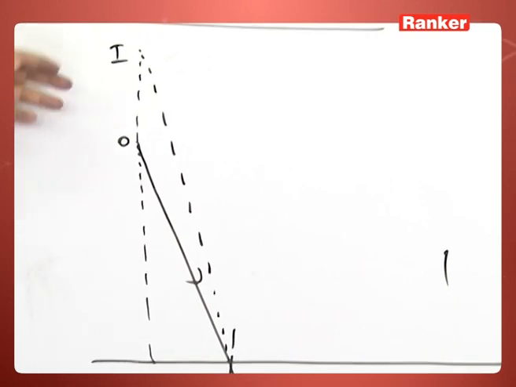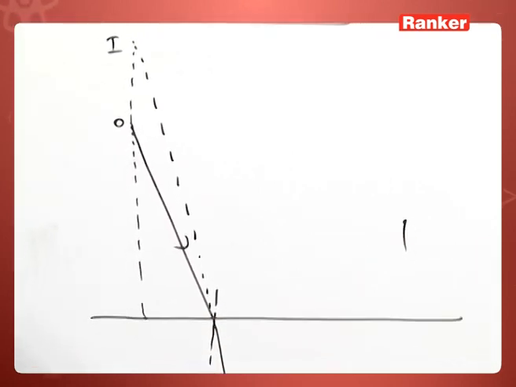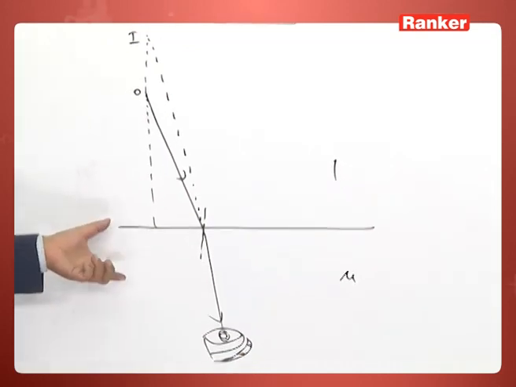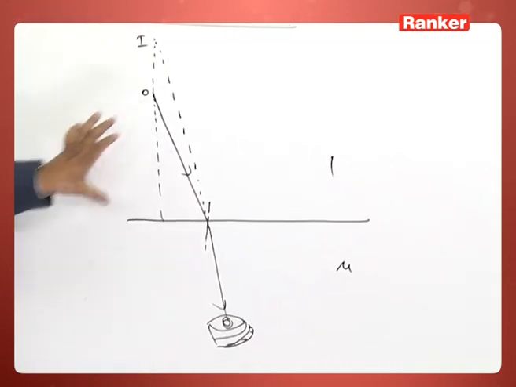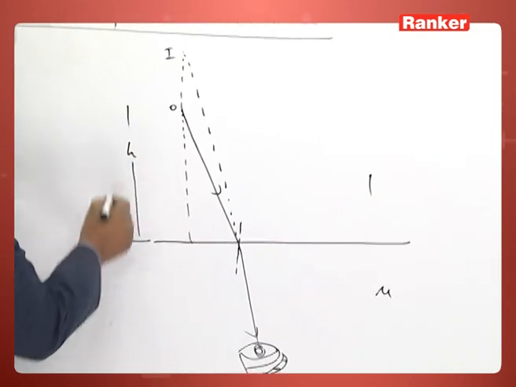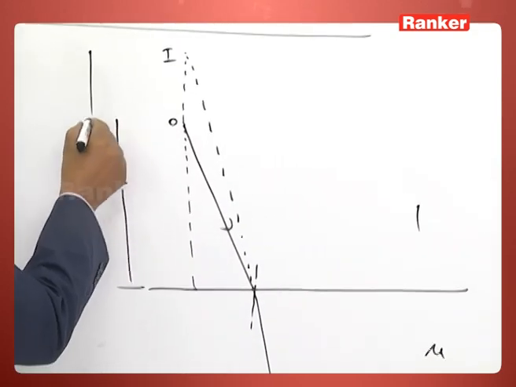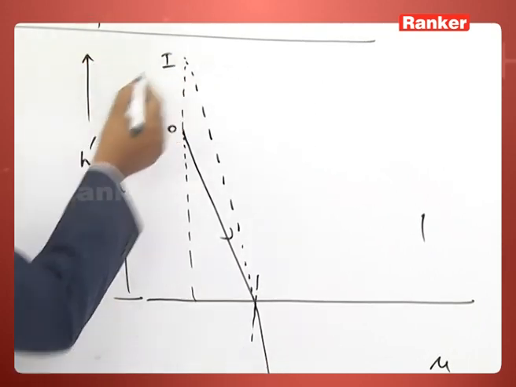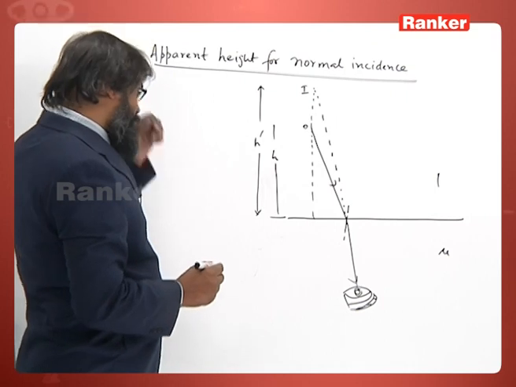When we look from up and the object is here, it is raised up and we see less distance. If I denote this by h height, then we have to calculate the height h dash up to which this image is raised.